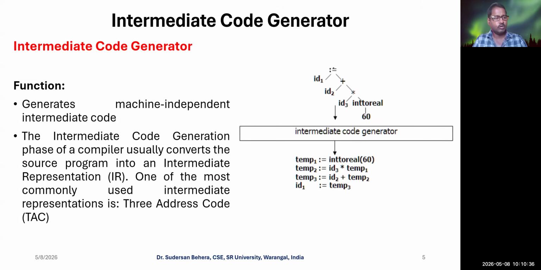What this intermediate code generation does, that we'll see in the next class. And let us stop here. Okay, we'll see in the next class what the intermediate code generation does.